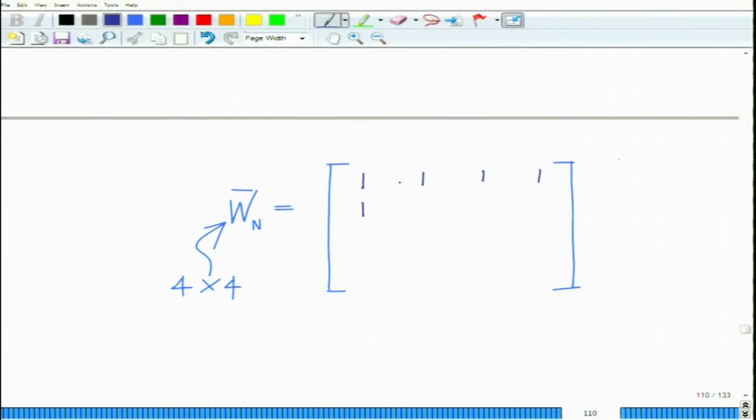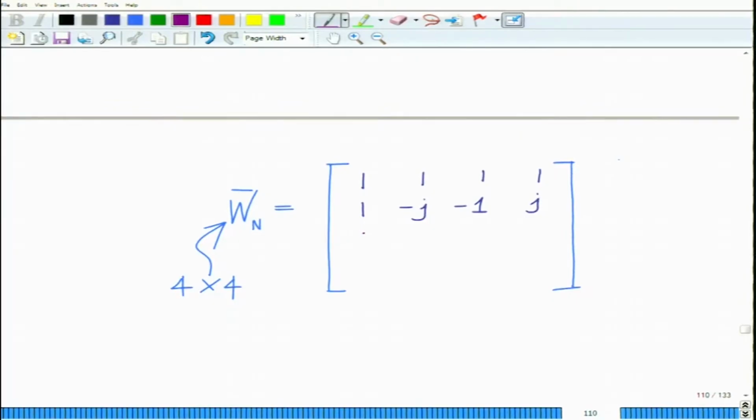1, this is Wn raised to 1, that is minus j. The second row, second element will be Wn square, that is minus j square, that is minus 1. Third element will be Wn cube, that is minus j cube, that will be minus 1 into minus j, so that will be j.